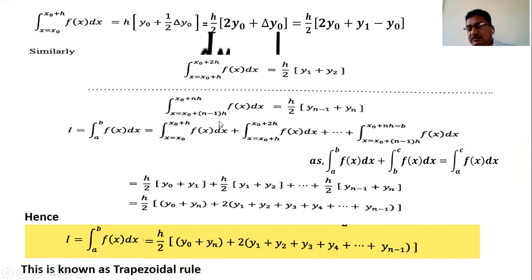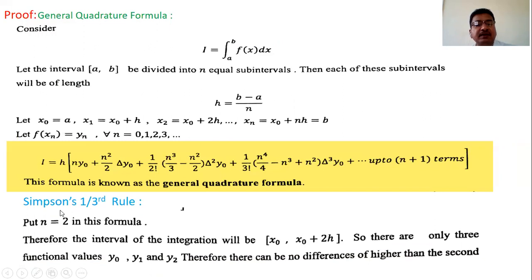So here, instead of taking one interval, we are going to take two intervals. That is, we take first x0 to x0 plus 2h. So the interval a to b is divided into n equal subintervals. Out of that, take the first two intervals, x0 to x0 plus 2h.